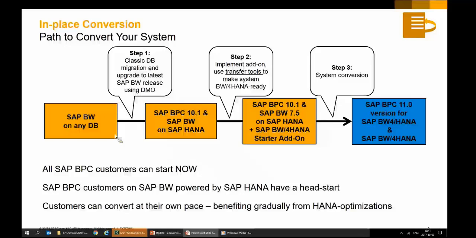The good news here again is that you can start already now by moving along this path. Once you are on 7.5 as a preparation step, you can then start the transfer tools in a few weeks to convert and optimize your data models for the planning applications as well.